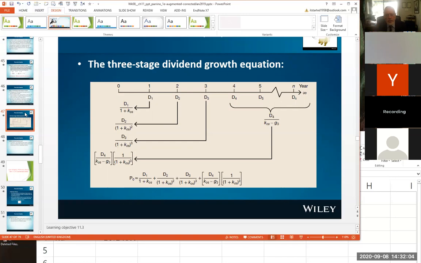So, saying timeline, I like to draw them with the up arrows and the down arrows. It conceptually calibrates for me whether there's cash going into your pocket or out of your pocket. Here we've got the same thing, only we're just talking about numbers and algebra. But basically each one of these dividends is able to be discounted back to the present. So this is the supernormal growth phase of the company. A bit like the assignment, isn't it?